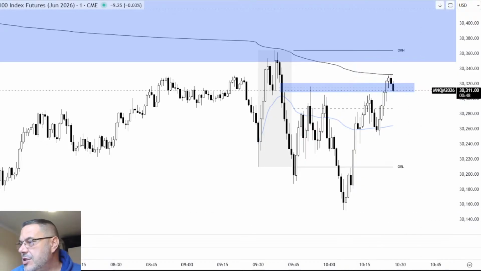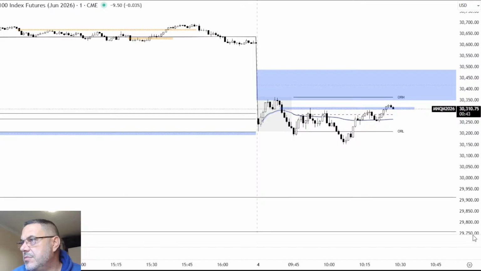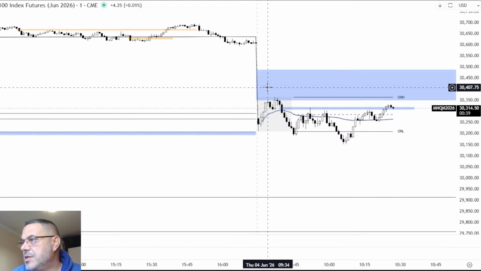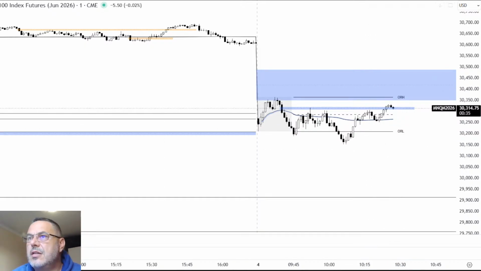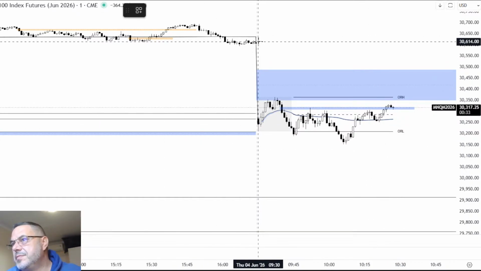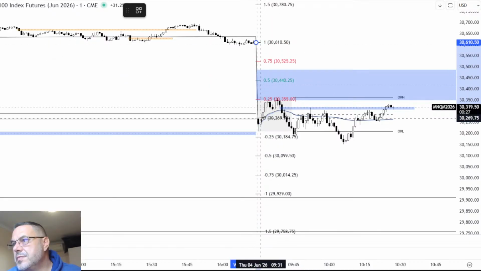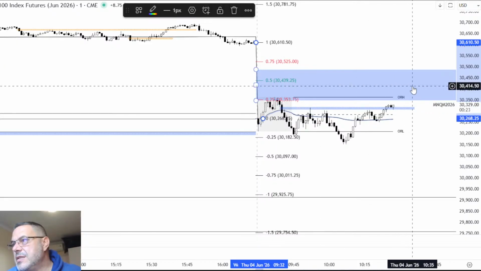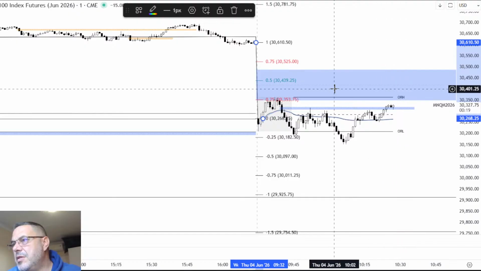The one thing we didn't check today is this. So we obviously have a huge gap, so we could see price come in here. Let's do this. So 50% is just above the 50% of the fair value gap.